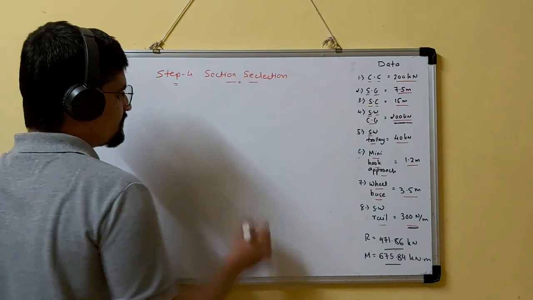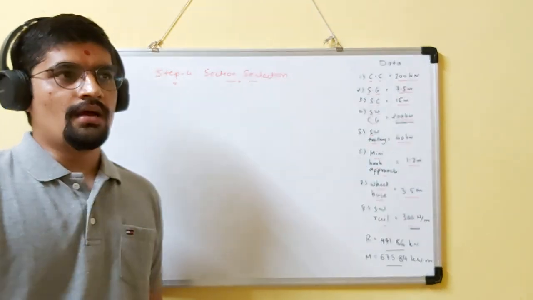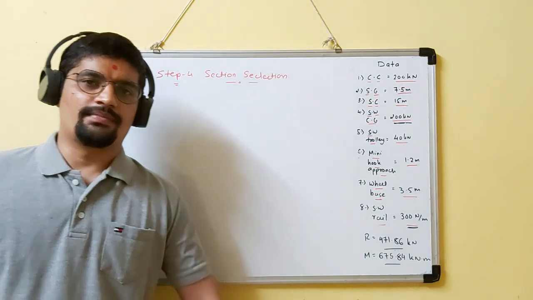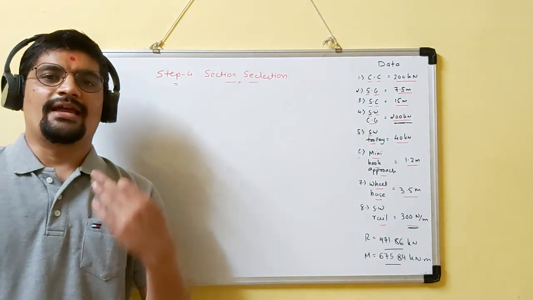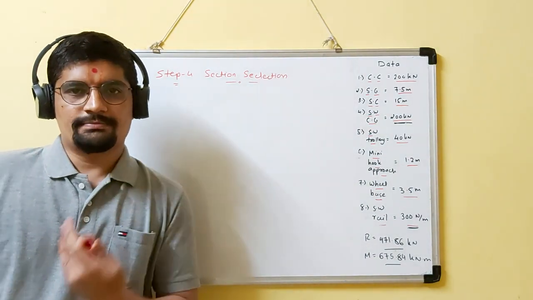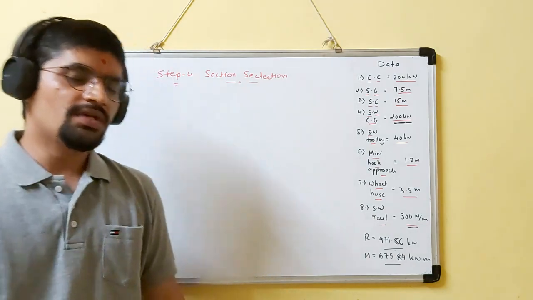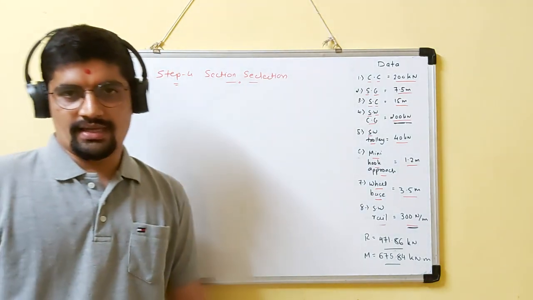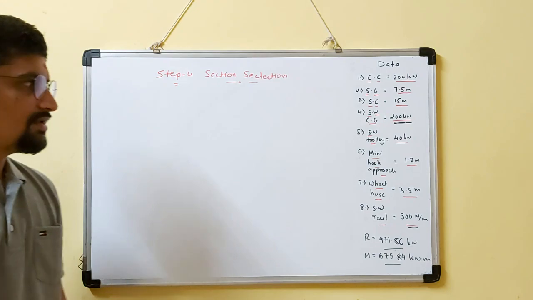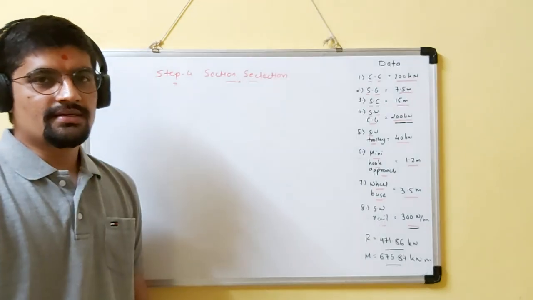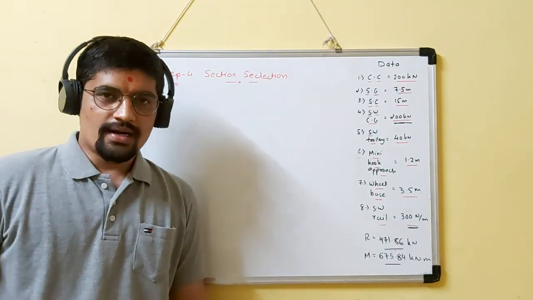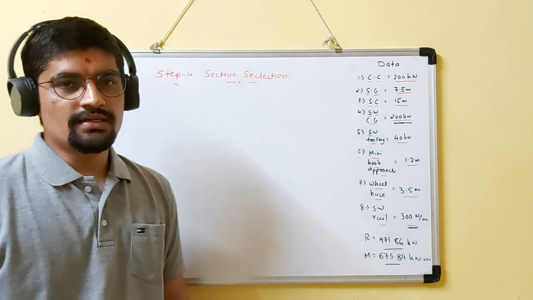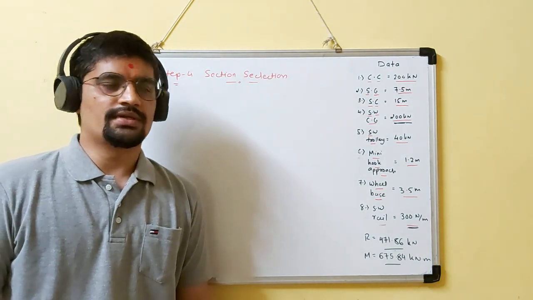Section selection means there are three types of gantry girder: I plus C section, I plus plate plus C section, and I plus both base plate and top plate and C section. Which section will we select? I plus C section. For that we need to consider the depth and the width required for choosing the section.